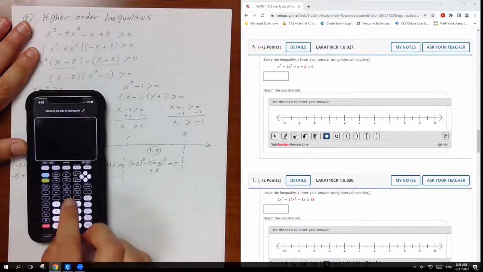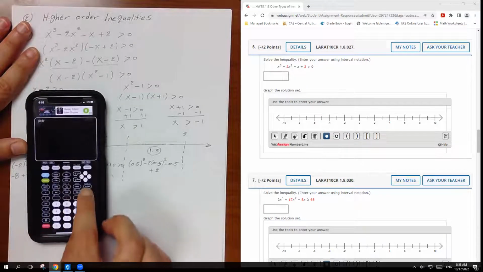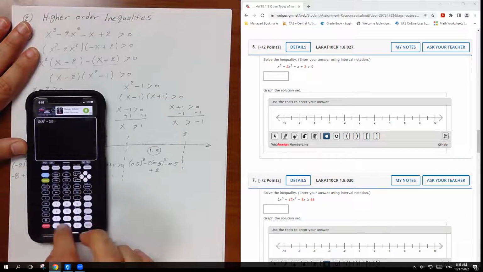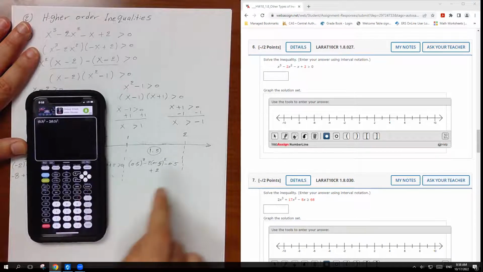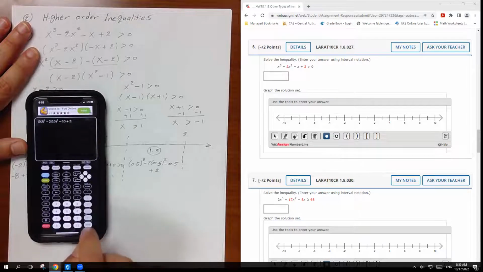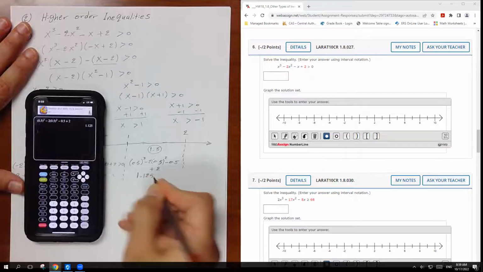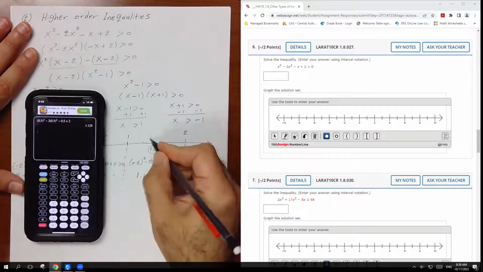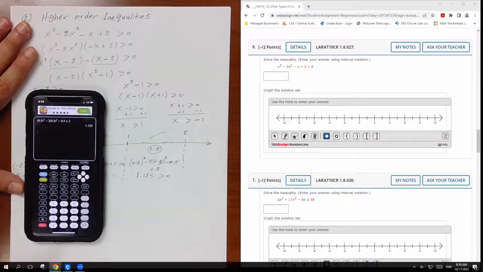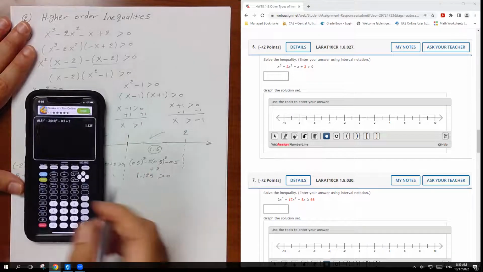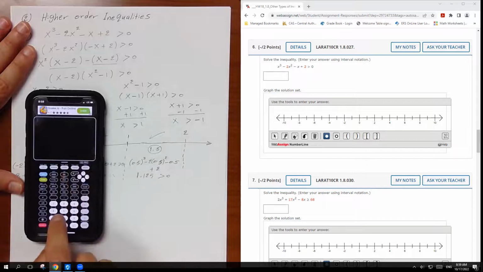So here is going to be parentheses 0.5 cubed and minus 2 times 0.5 squared and minus 0.5 and plus 2. So it's going to be 1.125, which is greater than 0. So that means this is also a solution. Wait a minute, we have 1.5. Why did I put 0.5? It's 1.5 cubed.